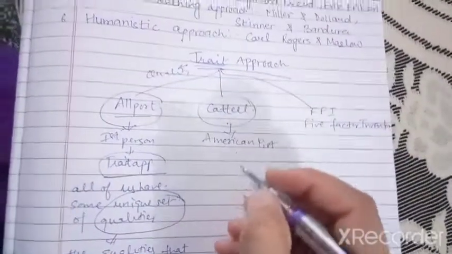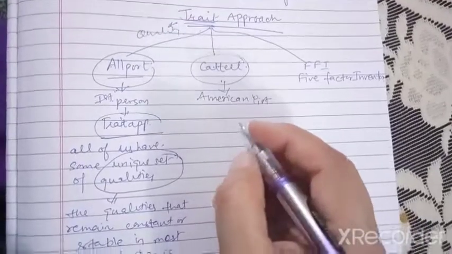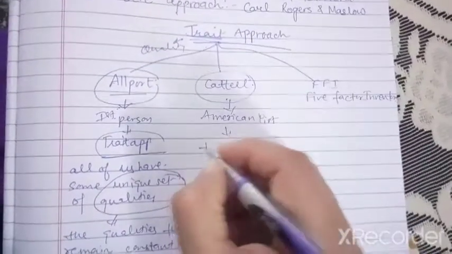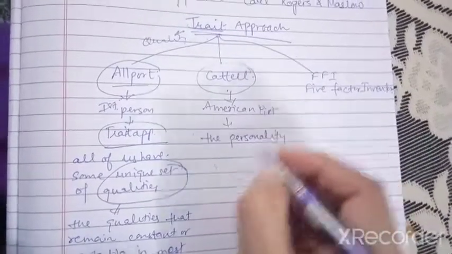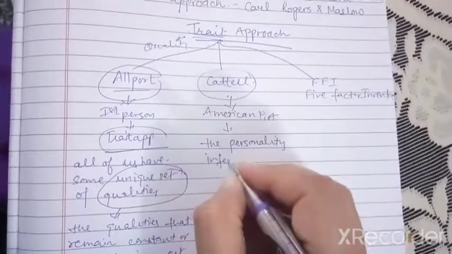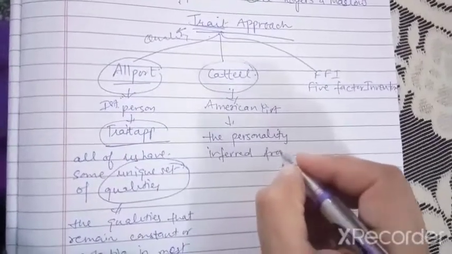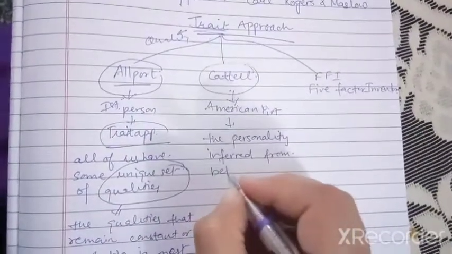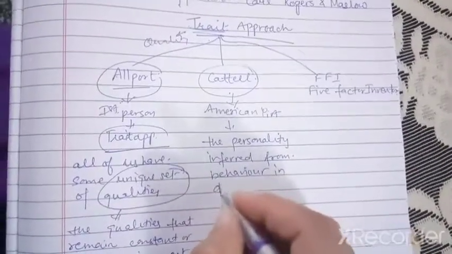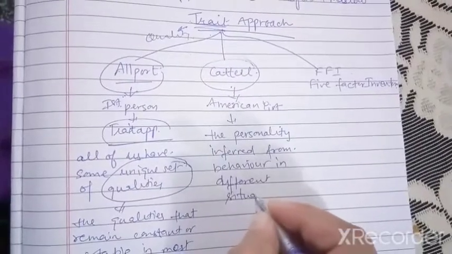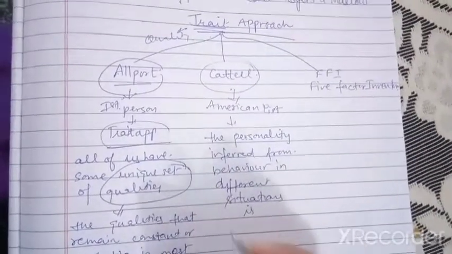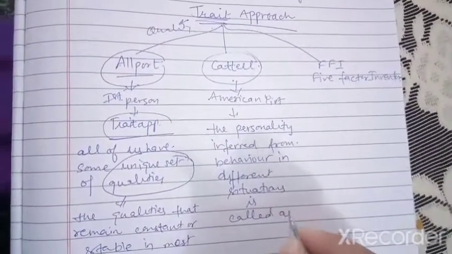So according to Cattell, personality inferred from behavior in different situations is called trait.